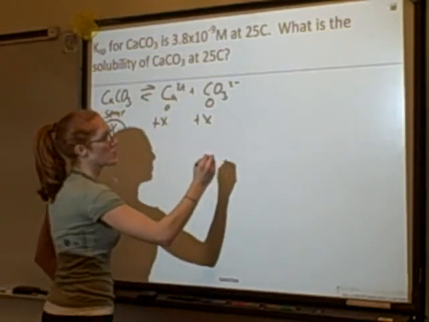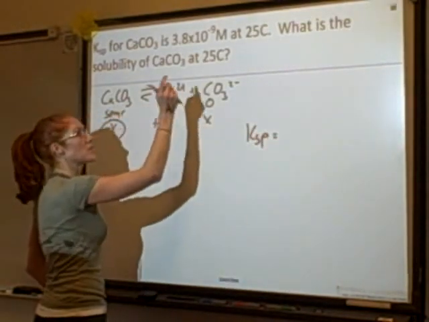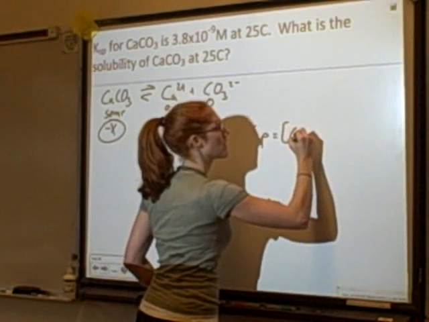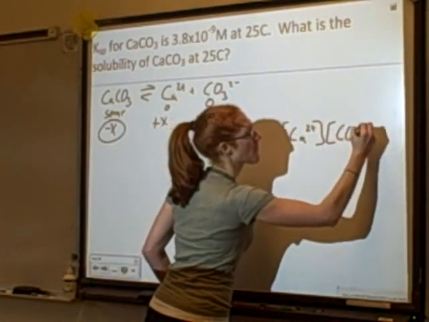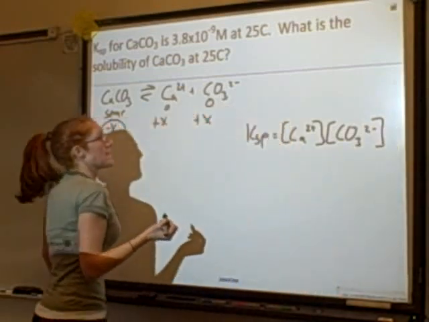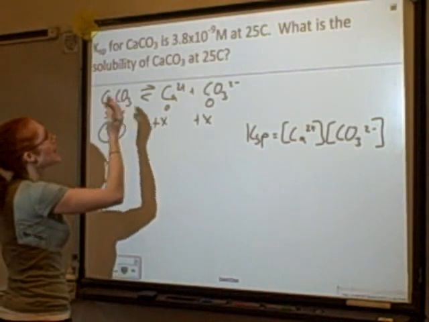Okay, well, my expression is Ksp is going to equal the concentration of that times the concentration of that. So calcium ion times carbonate ion. I get to see that they're going to be equal to each other, and I have the Ksp value.